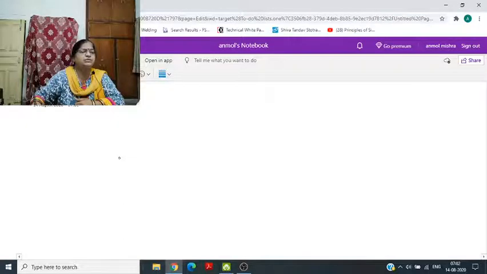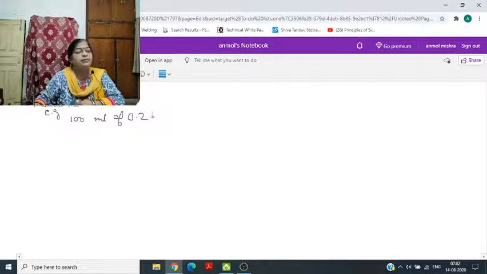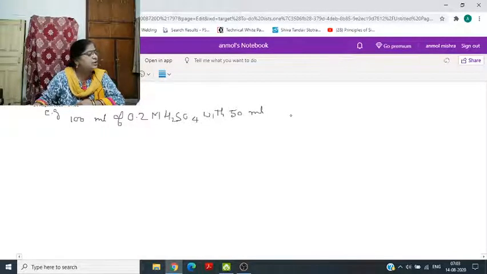Now the next example is: calculate the molarity of the solution obtained on mixing, for example, 100 ml of 0.2 m H2SO4 with 50 ml of 0.1 m HCl.